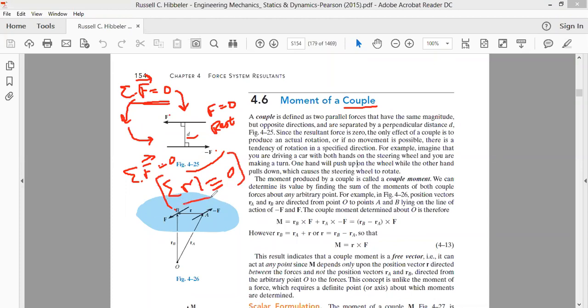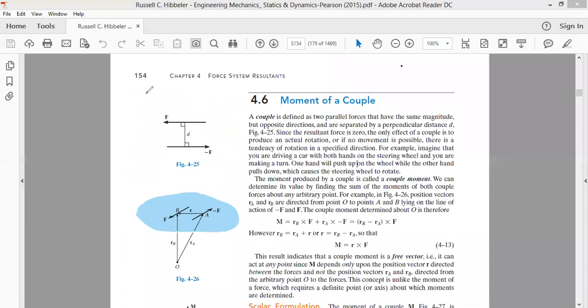So this is a very important thing that we are learning from here: if the summation of all forces is equal to zero, it does not suffice for the body to be in equilibrium as long as the summation of all the moments acting on the body is not also equal to zero. So these are the two conditions that must be satisfied by a body to be in equilibrium. Now we are returning back.